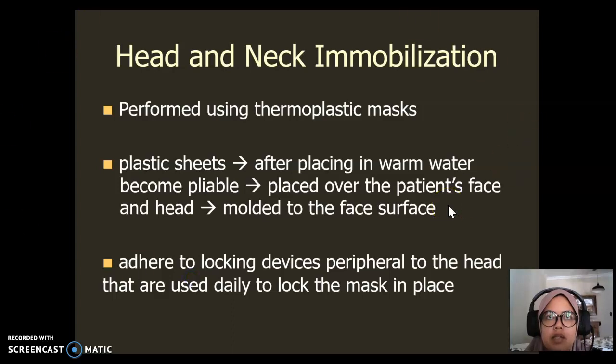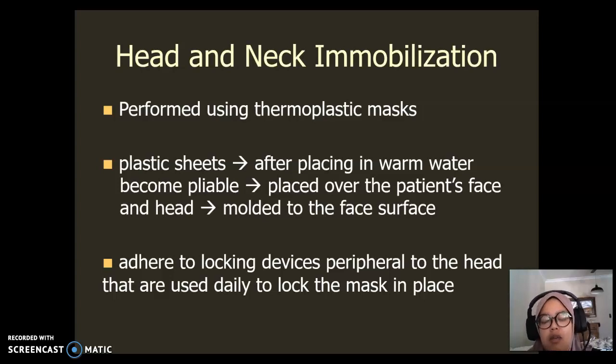Okay, once you put the patient on the base plate, what you need to do next, especially for the head and neck, is usually we will fit the patient's head so that it will not move. We are going to use what is known as the BDS, beam directed shell, also known as a thermoplastic mask. It's actually a plastic sheet which we place into a water bath.